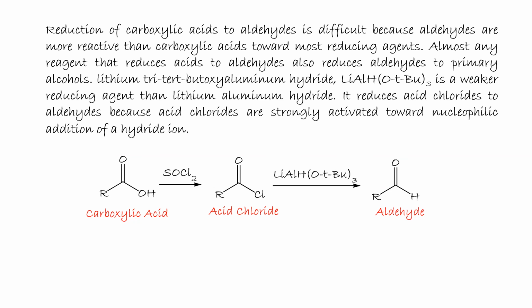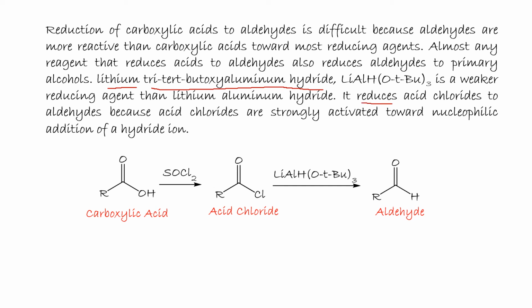Reduction of carboxylic acids to aldehydes is difficult because aldehydes are more reactive than carboxylic acids toward most reducing agents. Almost any reagent that reduces acids to aldehydes also reduces aldehydes to primary alcohols. Lithium tri-tert-butoxy aluminum hydride is a weaker reducing agent than lithium aluminum hydride.